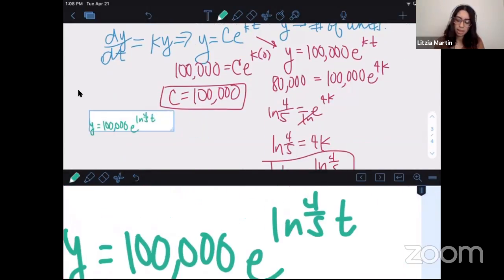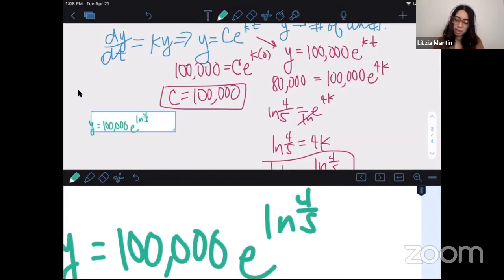So I'm going to plug that in here. And then we are just going to have to plug this into our calculator. And unfortunately, I did not do that yet. So I'm going to do that really quickly on here so we can see the value. And that's going to be 100,000 times e to the ln of 4/5 times 6.